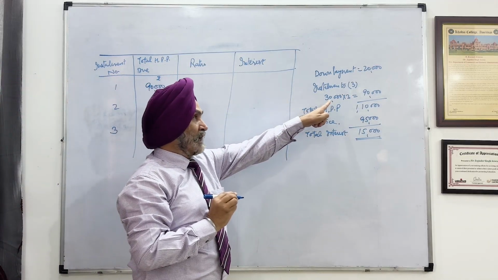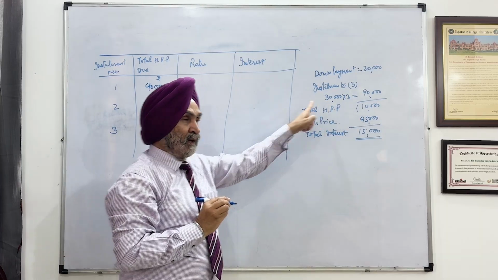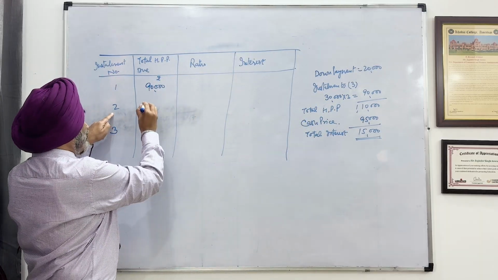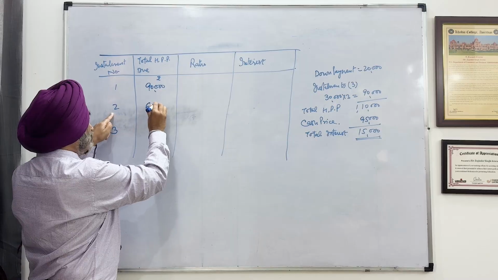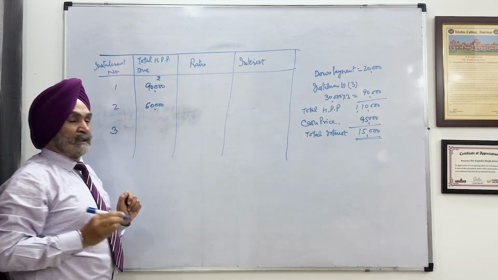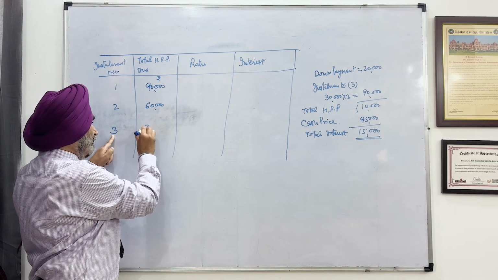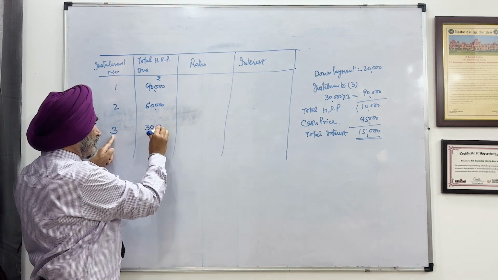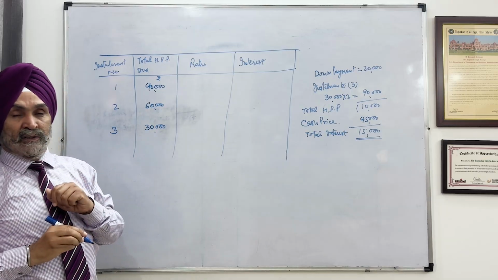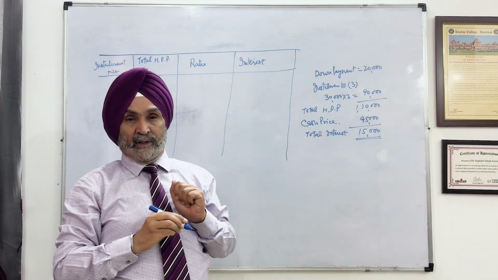Then we paid an installment of 30,000. At the time of the second installment, the hire purchase price due was 60,000. Then at the time of the third installment, before the payment of the installment, the hire purchase price due was 30,000.